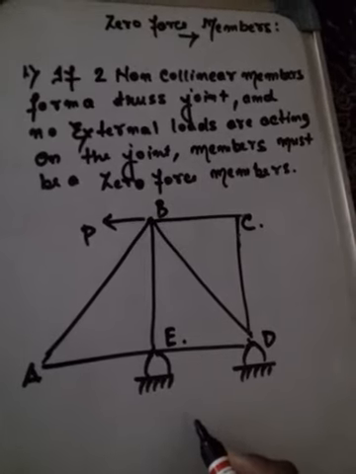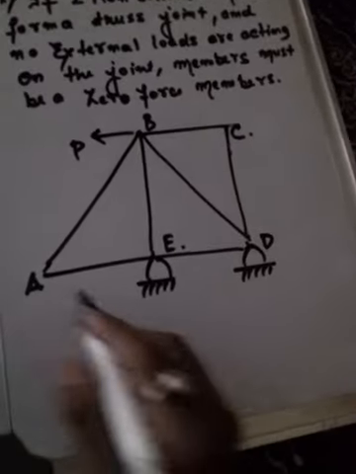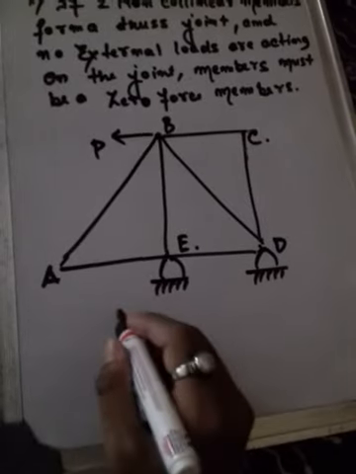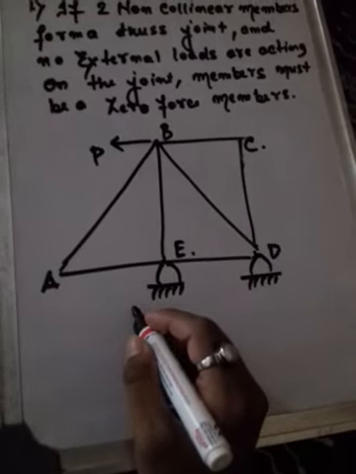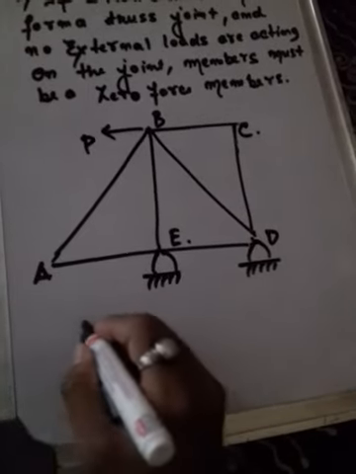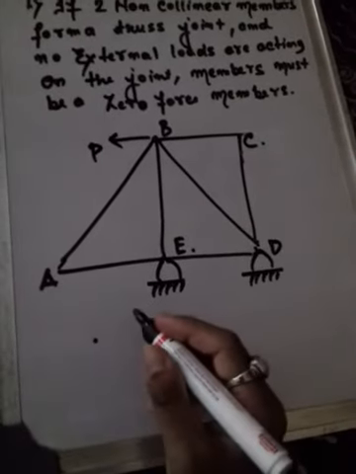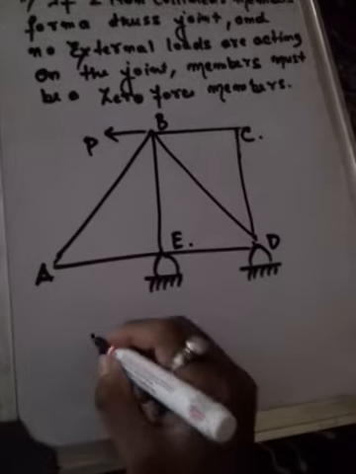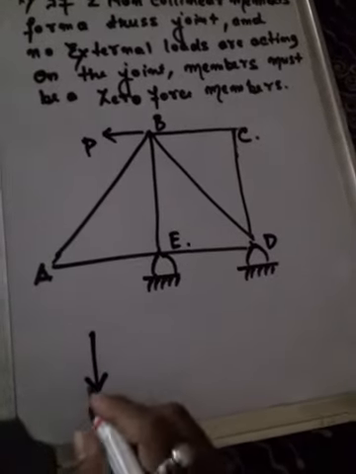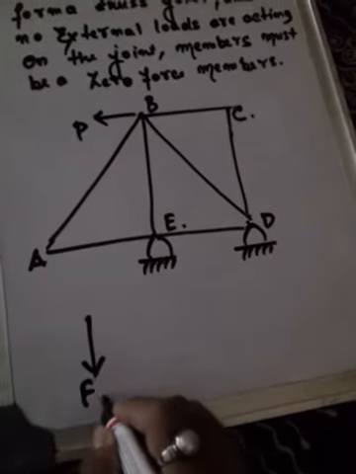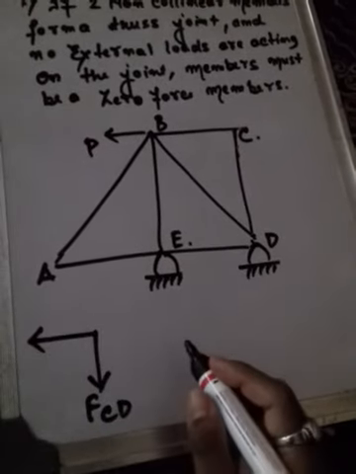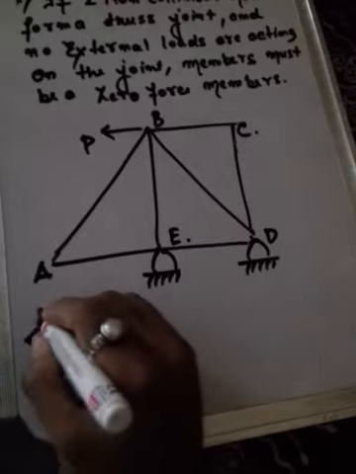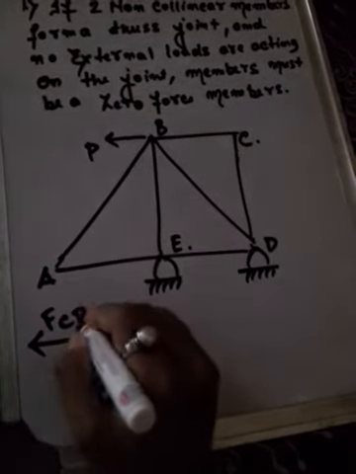Okay. So if you draw the FBD of point C, what you will get? You will get something like this. This was your point C, and this force will be equal to F of CD. This force will be equal to F of CB.